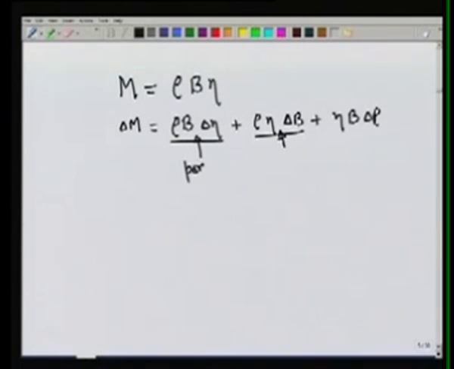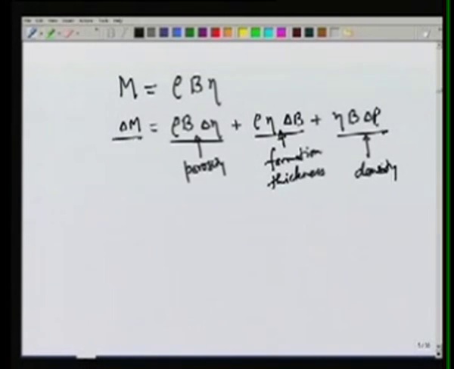So this is the effect of change in porosity, formation thickness, and density. So the total change in mass occurs because of change in porosity, change in the formation thickness, and change in the density of water. So we need to evaluate these changes, and for that we introduce a property which is known as compressibility.